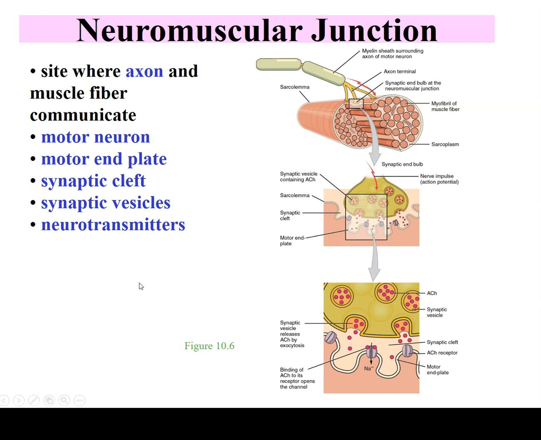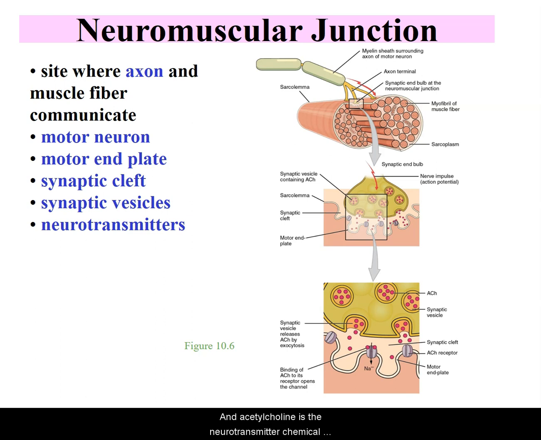Acetylcholine is excitatory. Inhibitory or excitatory are two different classes of neurotransmitter. So acetylcholine, if all the dominoes are set up and ready for a muscle contraction, when acetylcholine is released, things begin to happen to cause that muscle to contract.